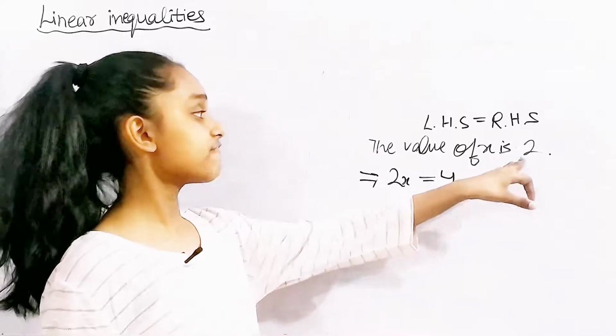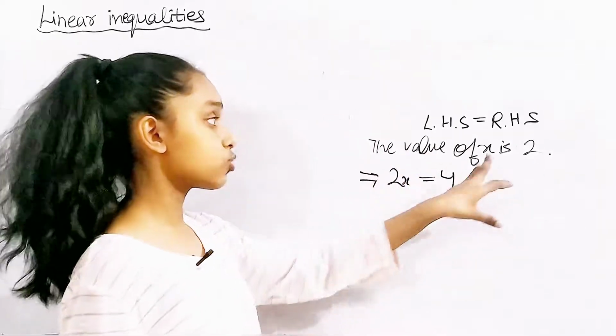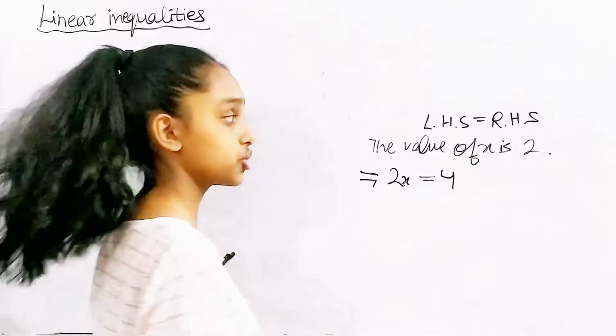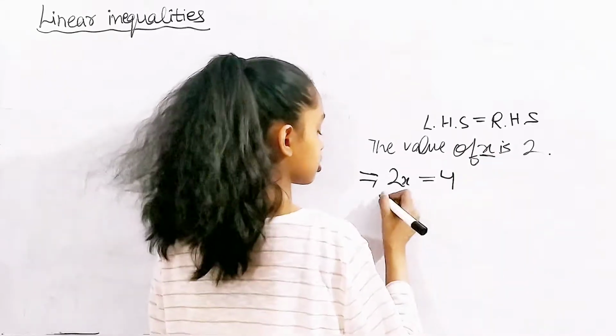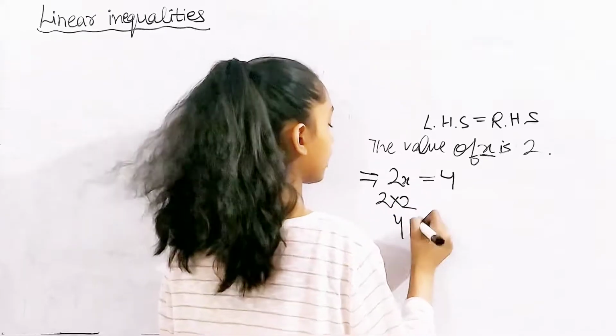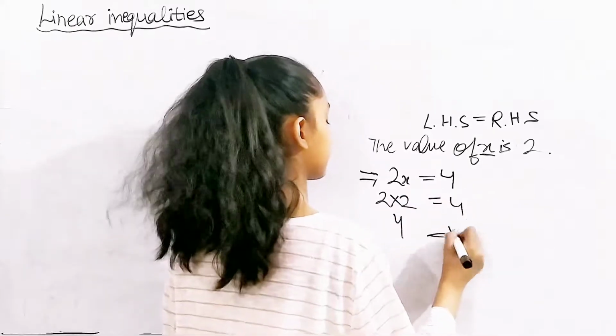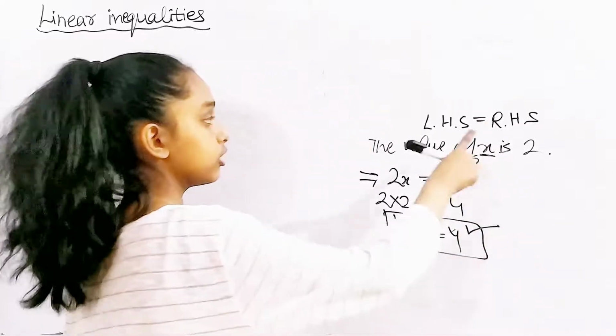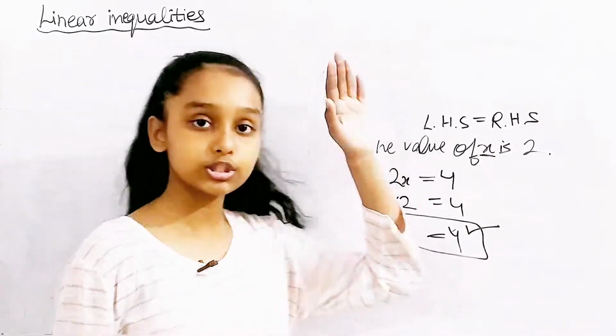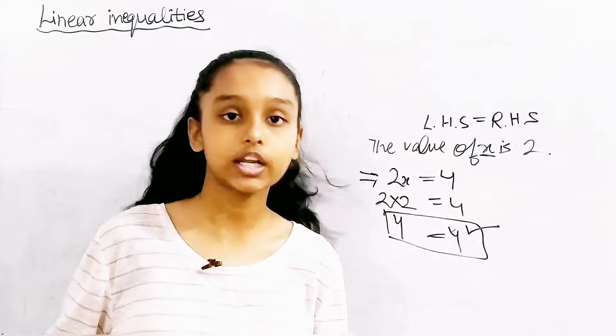The value of x is already given to us, which is 2. Putting in the value of x, 2 into 2 is 4. And as we can see, 4 is equal to 4. So LHS is equal to RHS. That's what we can see, right?